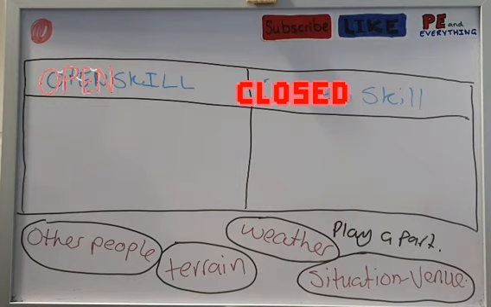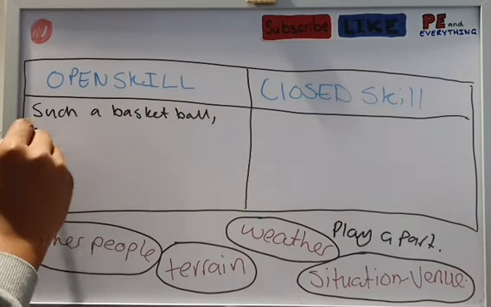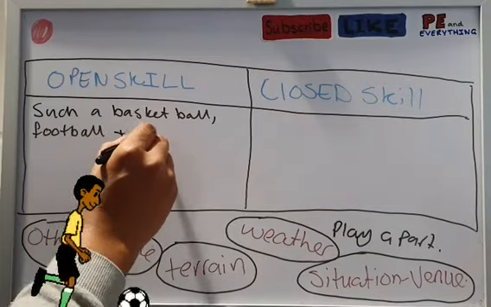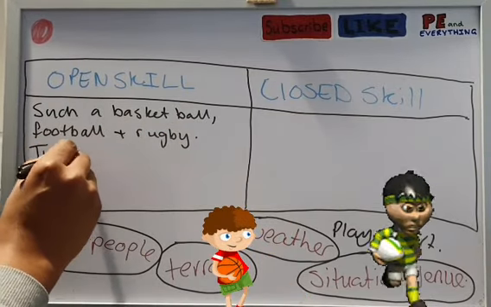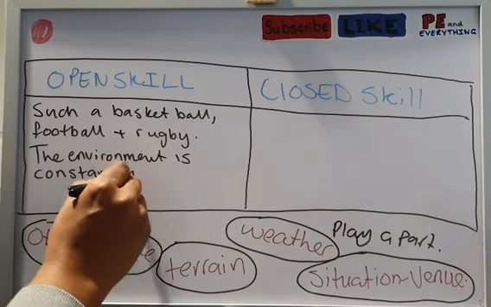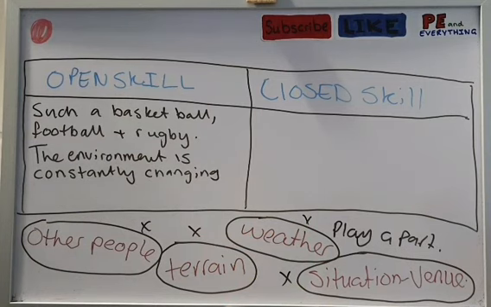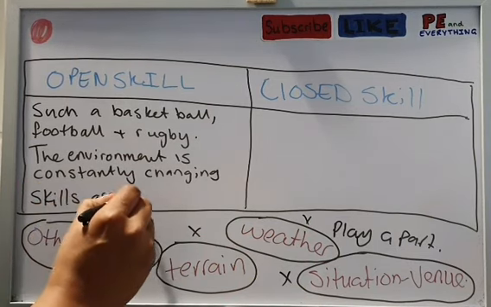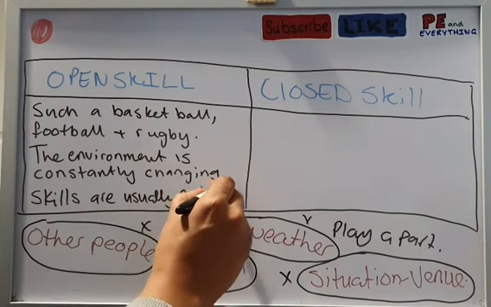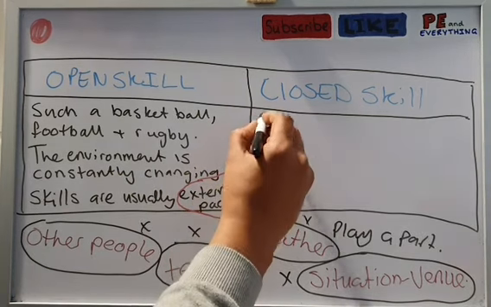Open skills are things that occur that are unpredictable, such as football, basketball, and rugby. The environment is continuously changing due to the factors I've got down below. Because these are external factors, we would say these skills are usually externally paced. We're going to go into a bit more detail about that.